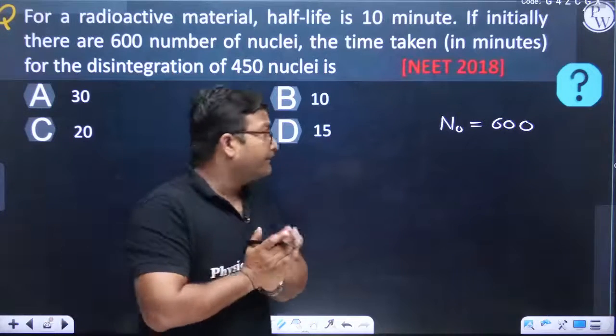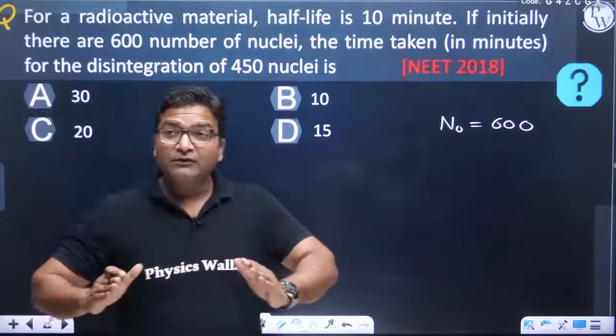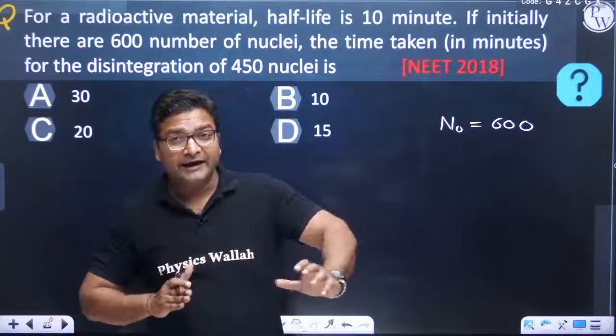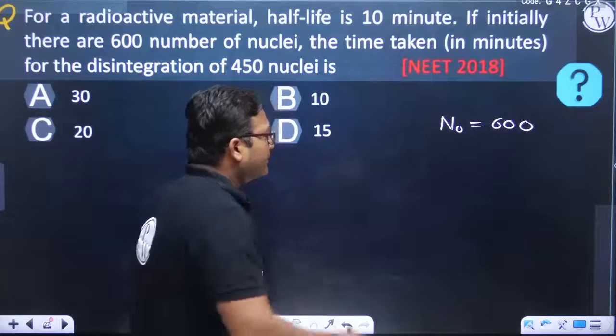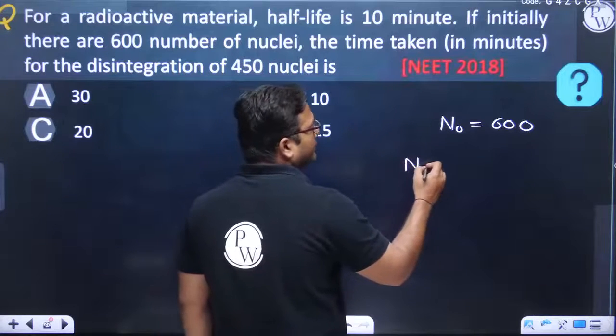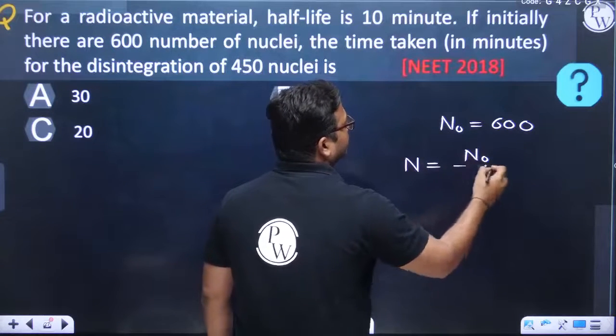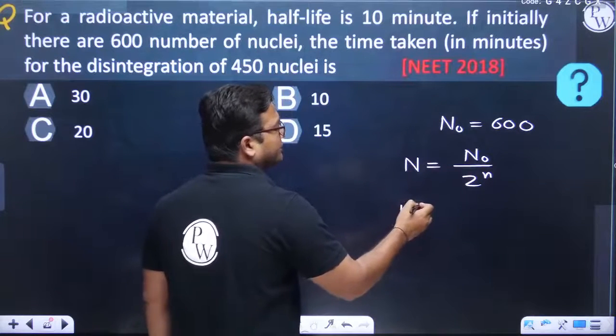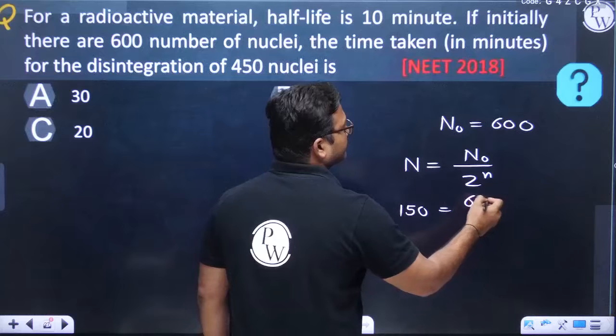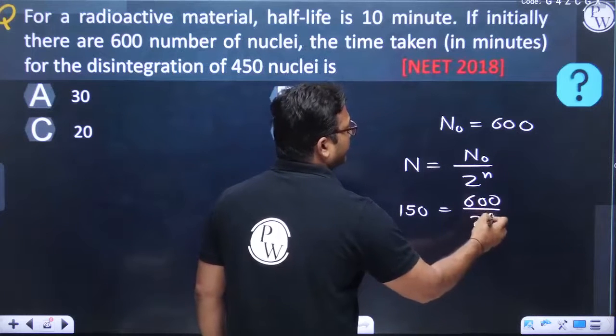Remember, if 450 nuclei have decayed, the number of undecayed nuclei is 150. So if we use n equals n naught divided by 2 to the power n, the number of undecayed particles is 150 equals 600 divided by 2 to the power n.